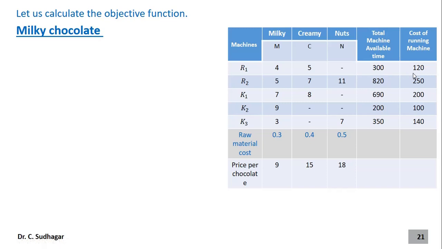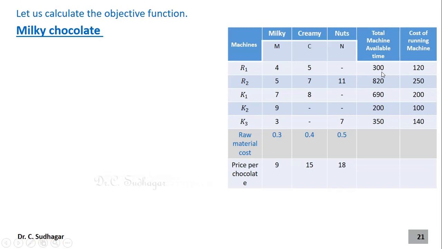Okay, so how much time is required for the R1 machine to make the first mold R1? We should run for 4 hours. So first let us calculate for 1 hour how much is the cost.